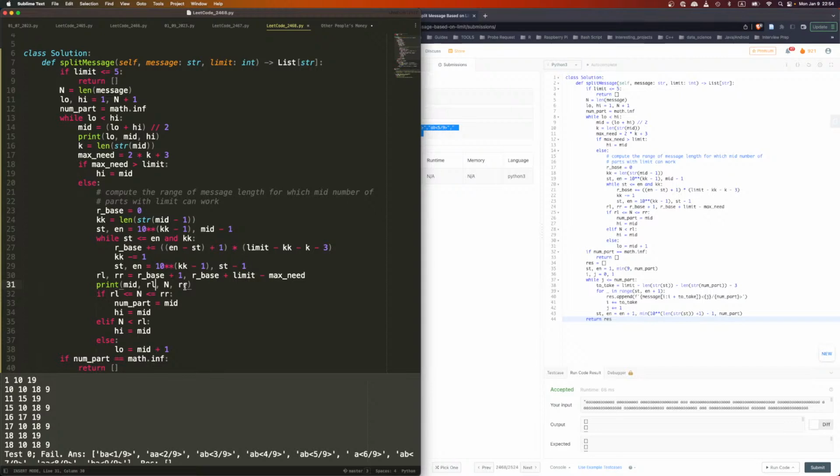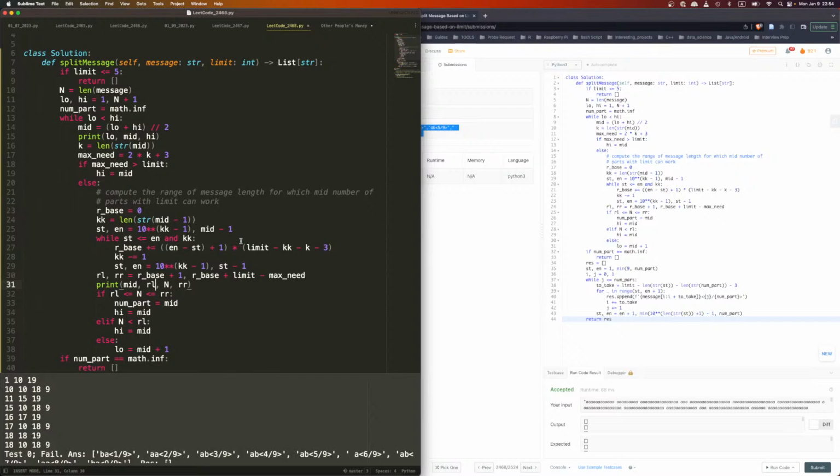I have a base 10. So KK is 10 minus 1 is 9. So we do 1 to 9. That's fine. So I'll have 9 of them.